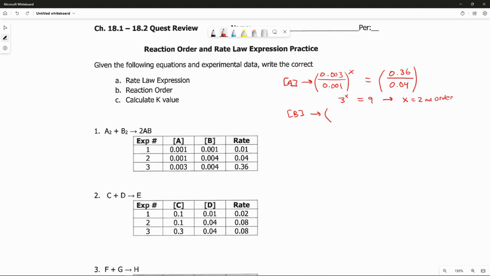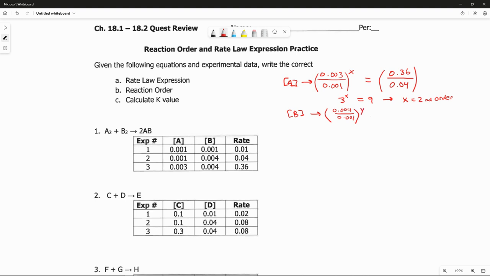The only two data sets that accomplish this are 1 and 2. In 1 and 2, the concentration of B changes, and the concentration of A stays constant. Same rules as the first set. We want to put the highest number on top, 0.004 on top and 0.001 on the bottom.